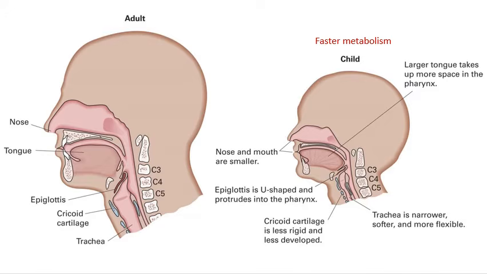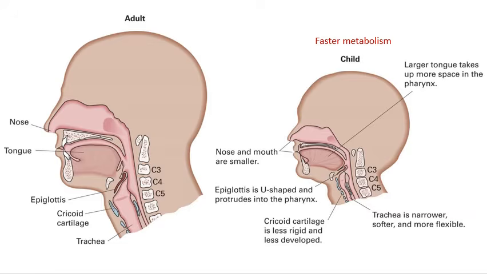Another thing that'll get you here when we're thinking anatomy is the word proportionately. So naturally, a kid's airway is going to be smaller overall than our adult airways. But you'll see on the upper right there, the tongue takes up more space in the pharynx. It's not that it's bigger, it's that it's proportionately bigger to the kid's head.